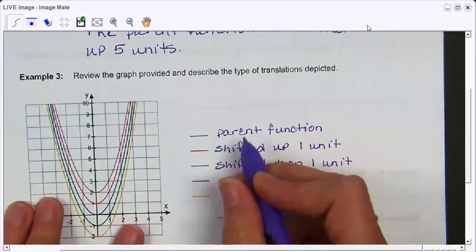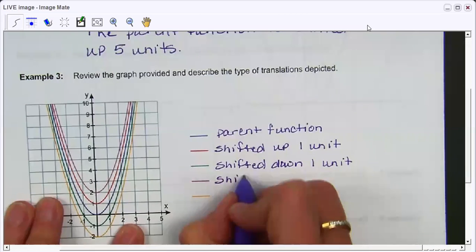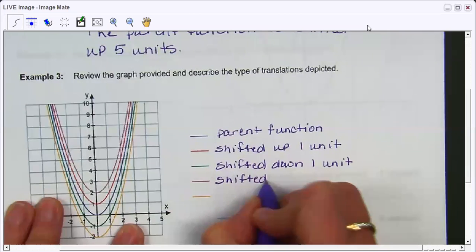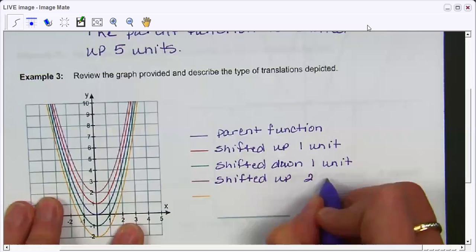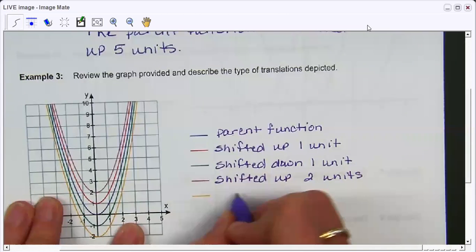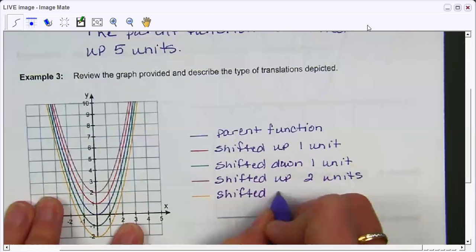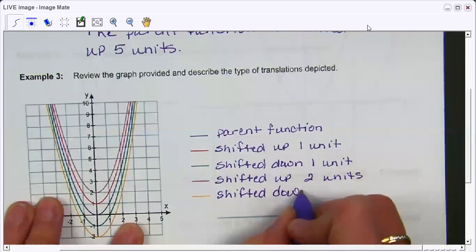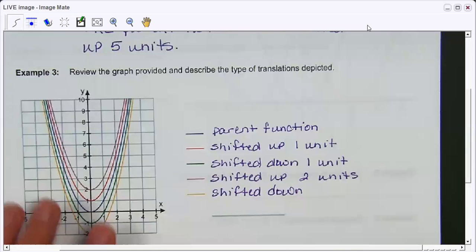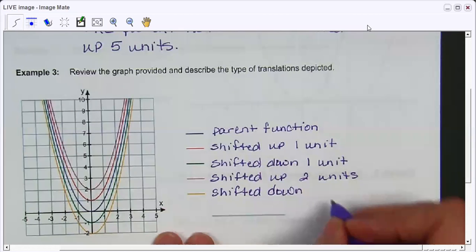The purple line shifted up 2 units. And the yellow line is shifted down 2 units. They don't stretch or anything. No, it isn't being stretched.